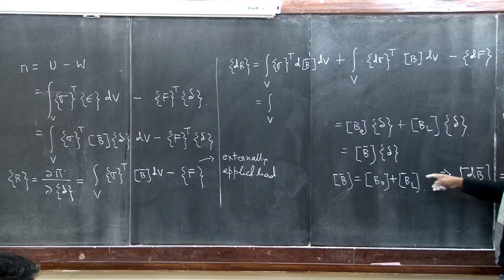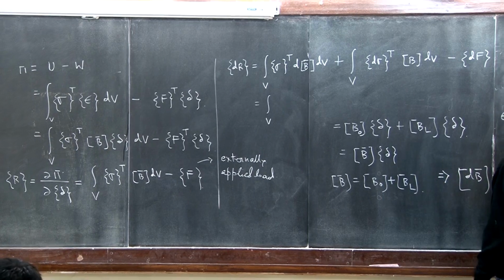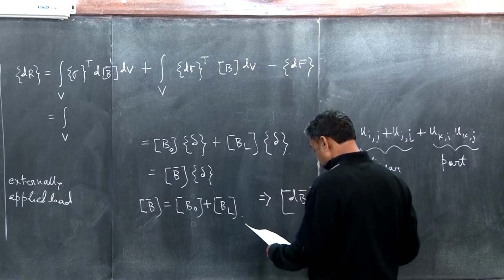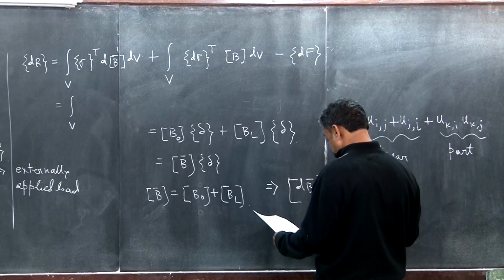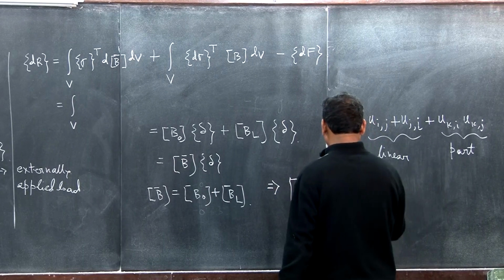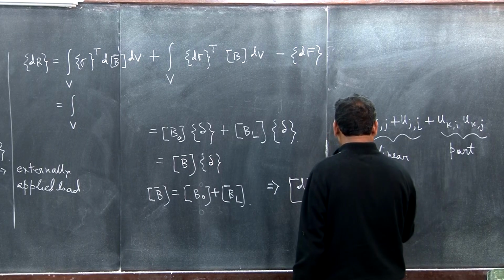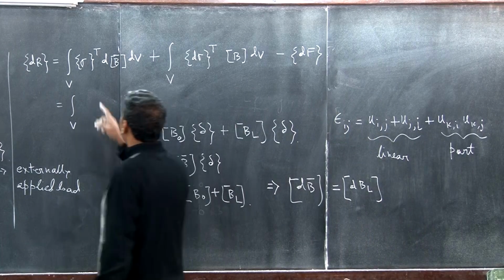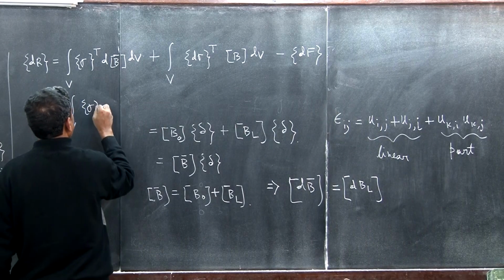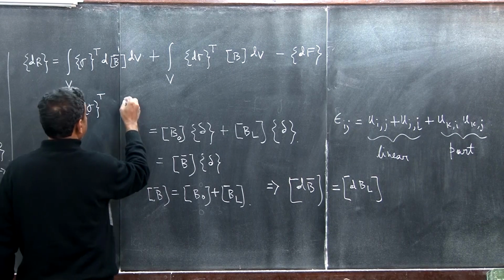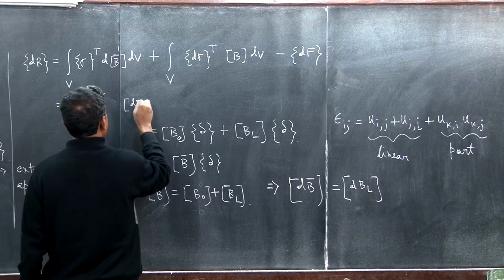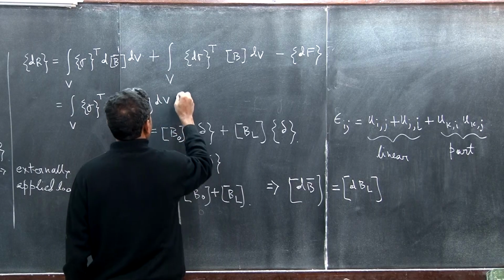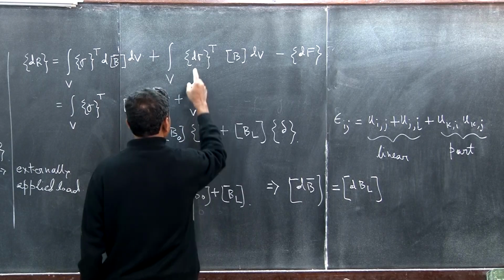The only thing that will stay here will be dBL, right? Isn't it? dBL. So for the nonlinear part, I'm just writing sigma transpose dBL dV, right, plus integration over V.